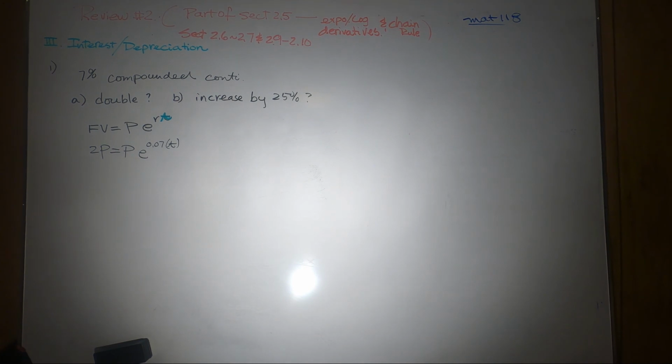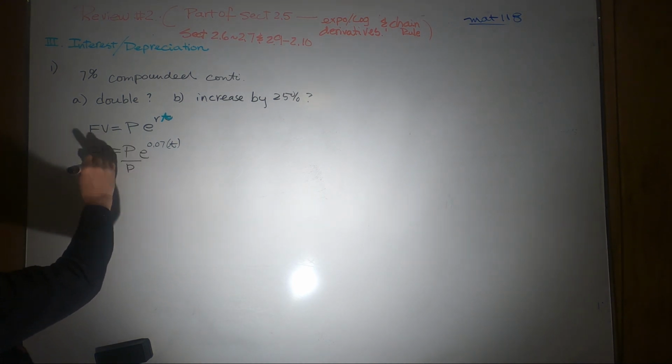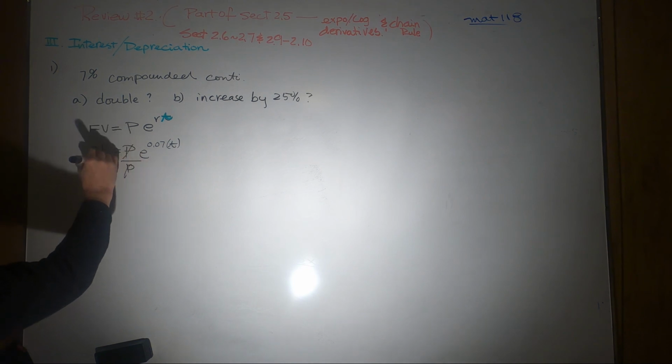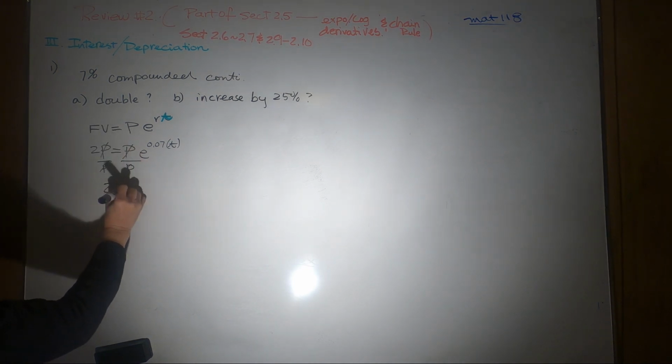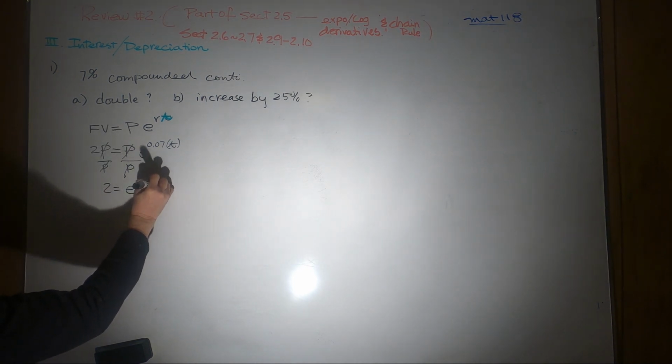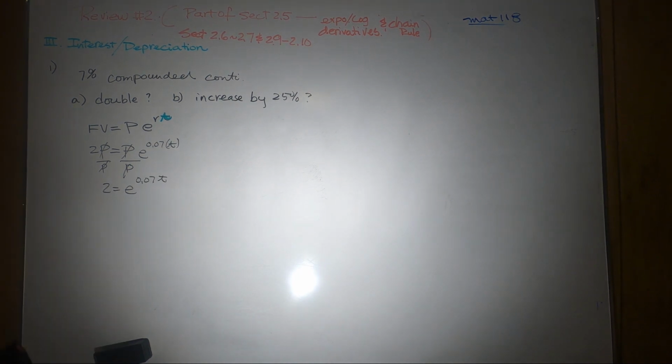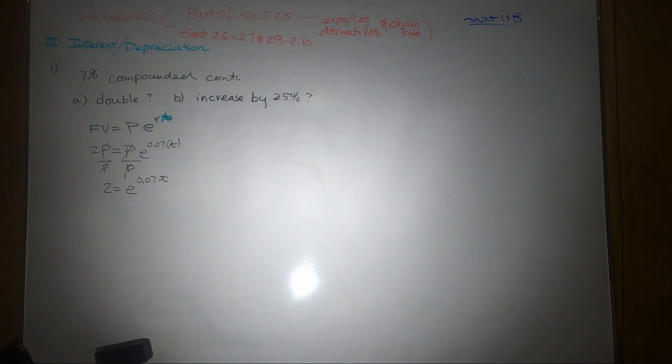So all you need to do is solve your exponential equation. Divided by P, 2 equals e to the 0.07t. Simple exponential equation. How should we solve it? You can rewrite it as a log, right?